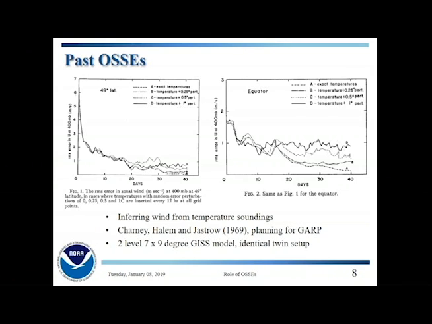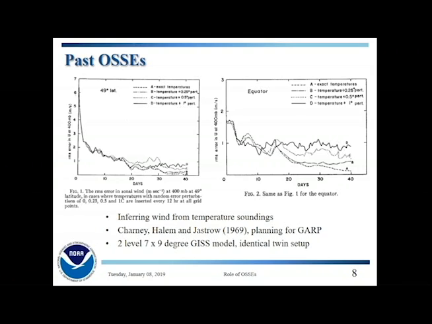In this case, they were interested in the extratropics, where we know there's a balance between mass and wind. So if we have good temperature data, we should be able to recover the wind field. And that's what you can see on the left-hand graph, where even with some noticeable errors in the temperatures, you can still recover the wind field.